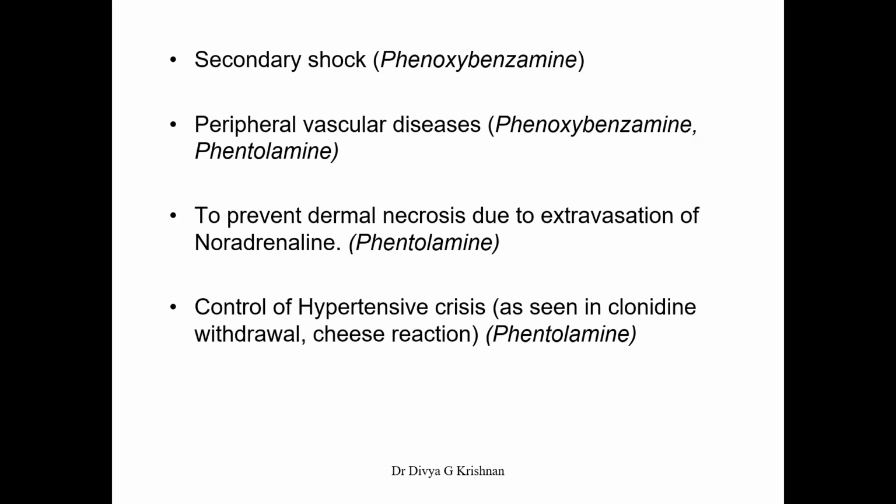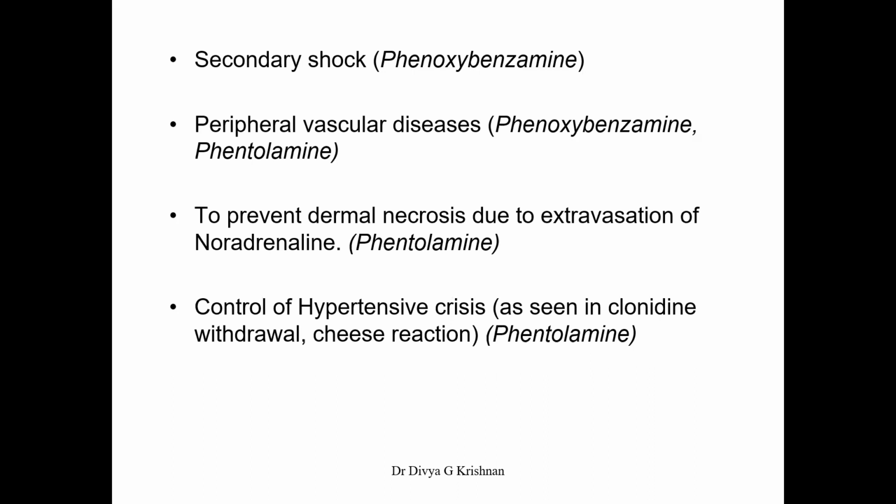And if it occurs, there can be dermal necrosis because of the vasoconstriction of the blood vessels of the skin. That's caused by the noradrenaline. Now, if this occurs, the way to reverse it is to administer a very fast-acting alpha blocker, that is phentolamine.